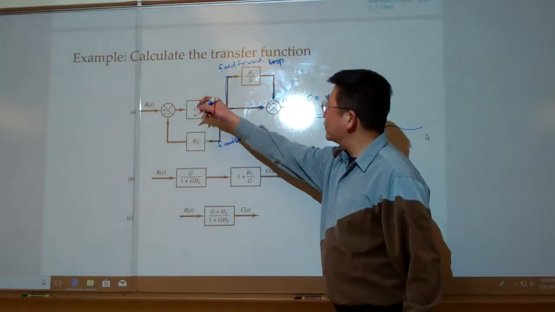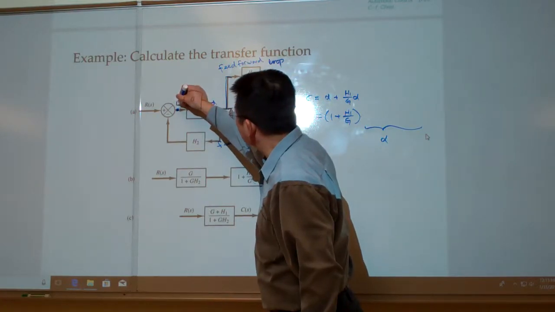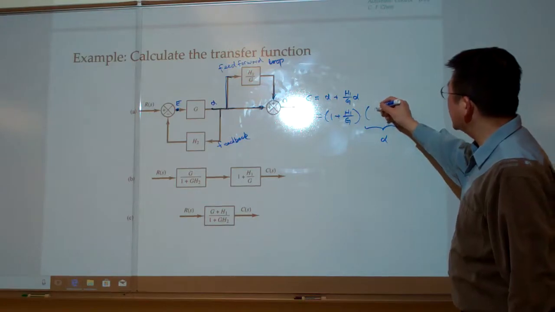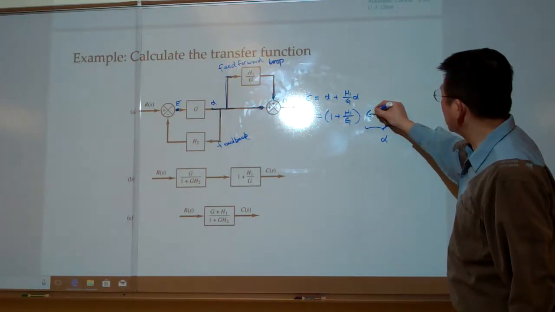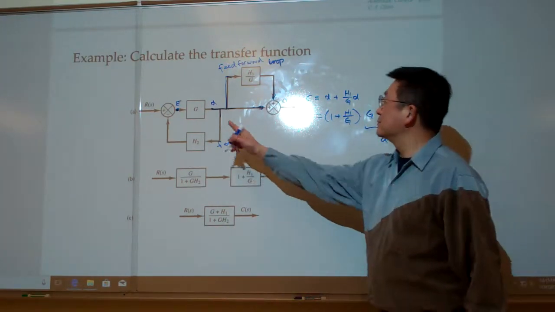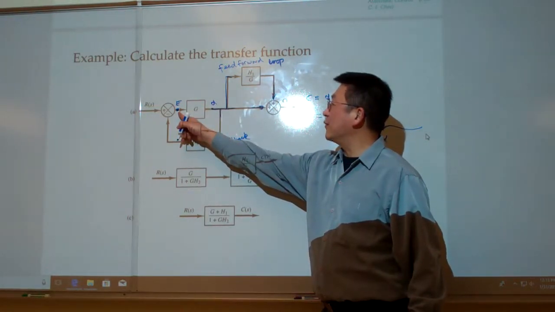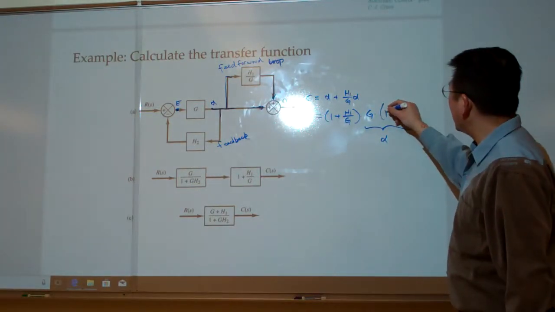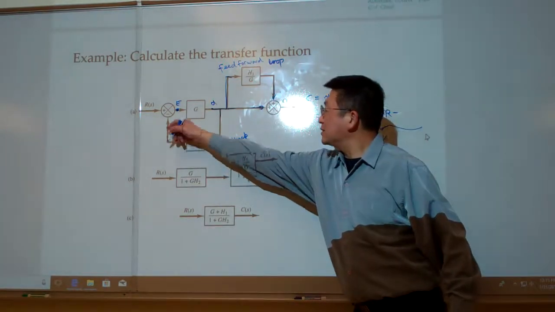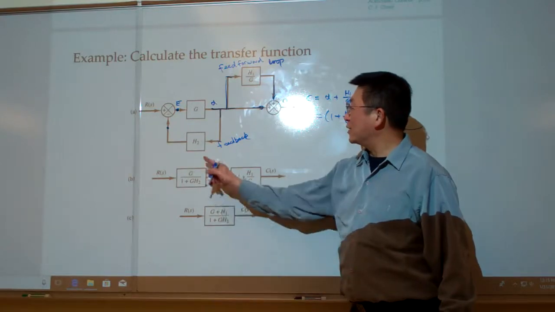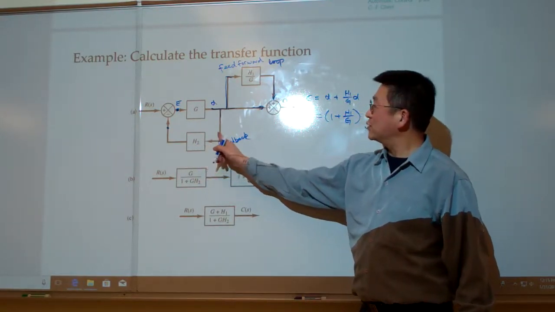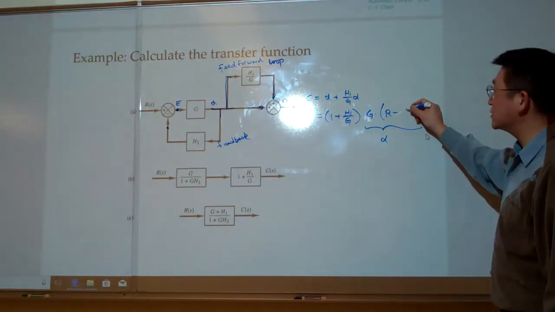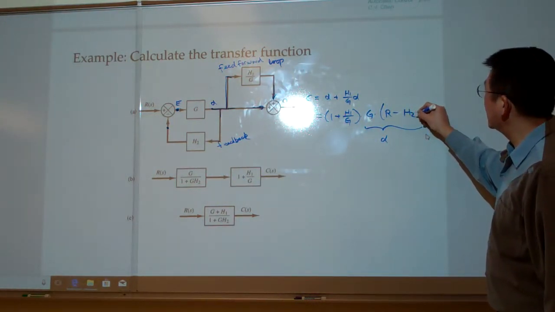Say this is the signal E, and alpha will be equal to G times E. And what is E? E equals R, the difference between R and that one. So R minus, and what is this? That one is H2 multiplied with this one, and that one is alpha. So that is H2 times alpha.